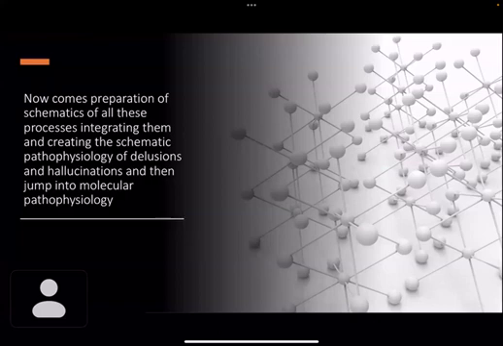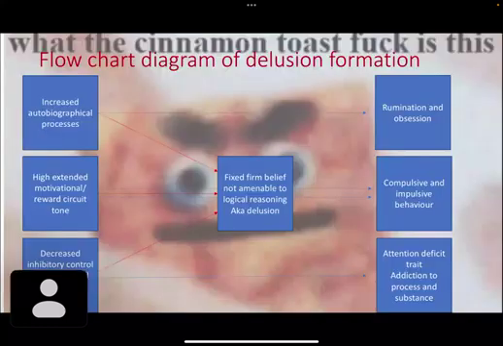Now I have talked a lot about a very complex thing, so I should give you some schematics of these processes, integrating them and creating the schematic pathophysiology of delusion and hallucination, and then I would jump into other things. So there would be increased autobiographical process, which normally would lead to rumination and obsession.